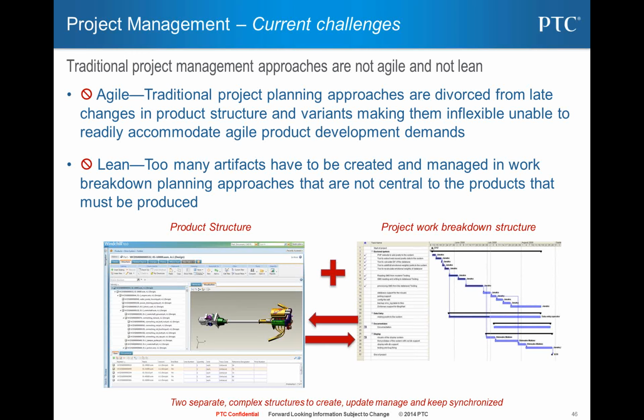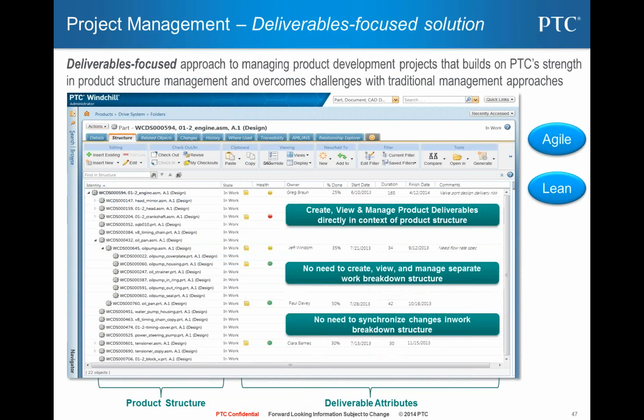And so what we're planning to deliver in the next release is what we call a deliverables-focused approach to project management. And this is where you can, in the context of a structure, identify some of those key things like ownership, status, and due date for the work items that actually have to be produced and delivered.